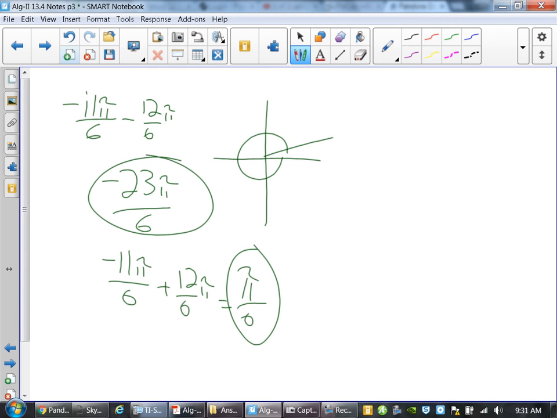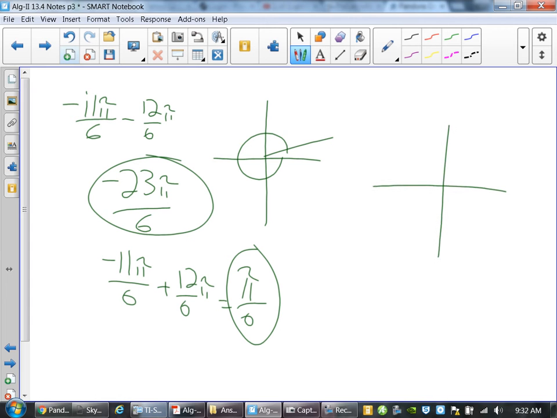I'm just struggling where 11 pi over 6 goes. Like, when you spin it. I know it's on there, but still. Oh, you said find one coterminal. Okay. What happens is when you have 11 pi over 6, it's not a full 2 pi.